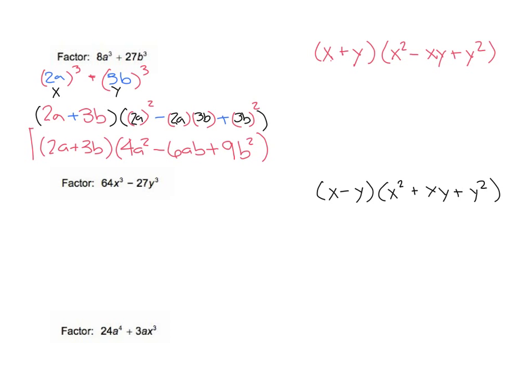So the answer would be 2a plus 3b times 4a squared minus 6ab plus 9b squared would be the factored answer for that.